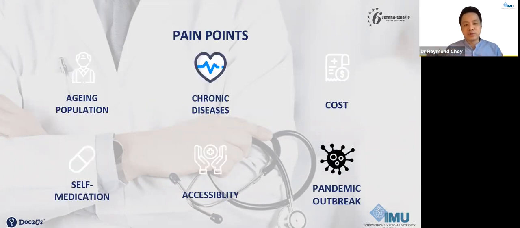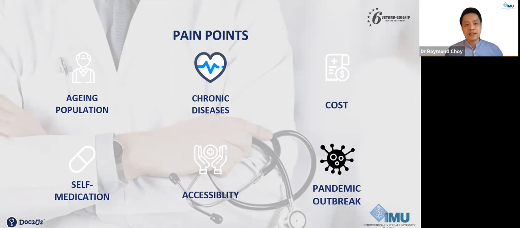So look at the pain points. I'm sure everyone is more or less well aware. We have a silver tsunami, which is an aging population coming, and it's getting worse and worse, and rising cases of chronic diseases, and our healthcare costs and insurance premiums are getting more and more expensive. And in Malaysia or some parts of Southeast Asia, a lot of patients self-medicate without proper medical input, or they go to a pharmacy to get medication without prescription.